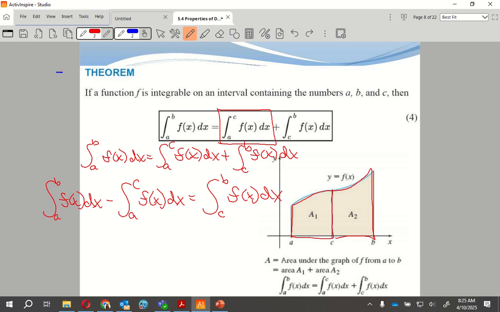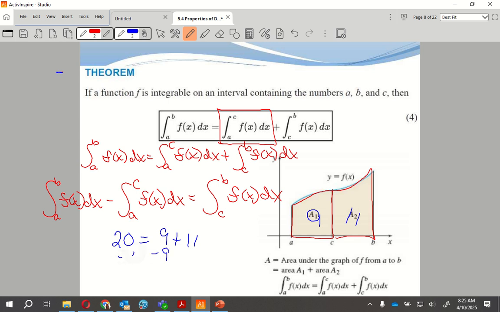Okay, let's do this. Let's say that this right here is 9. Let's say this one here is 11. What's their total? The total from A to B. What's the total area? 9 plus 11, which gives me 20, right? So we would say that 20 would be equal to 9 plus 11, right? Okay, what if I do a little bit of algebra?